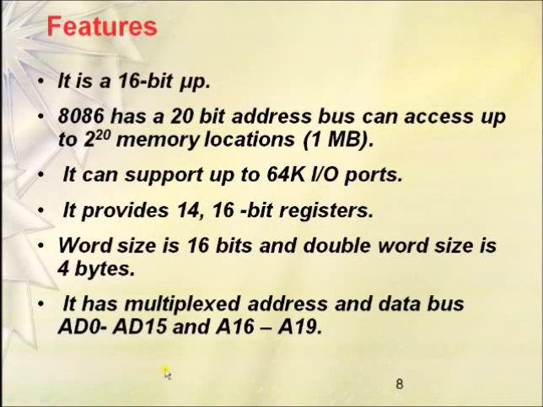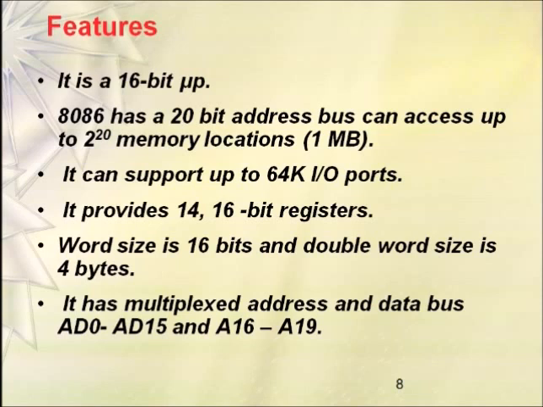Now let us see the features of the 8086 processor, what kind of features this particular processor provides. This processor was designed by Intel. It is a 16-bit microprocessor, whereas the 8085 is an 8-bit processor. What is the difference between a 16-bit and an 8-bit processor?